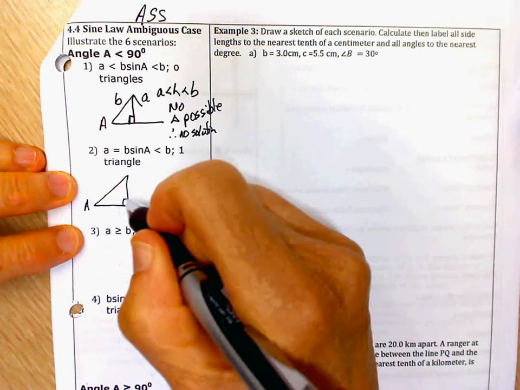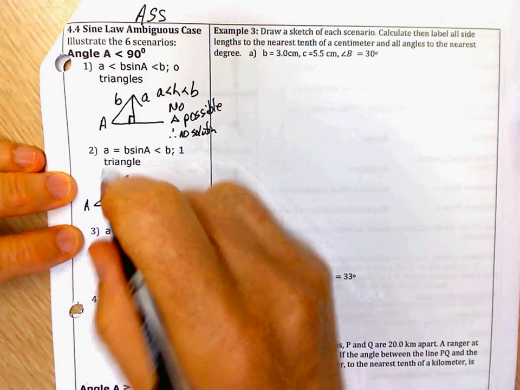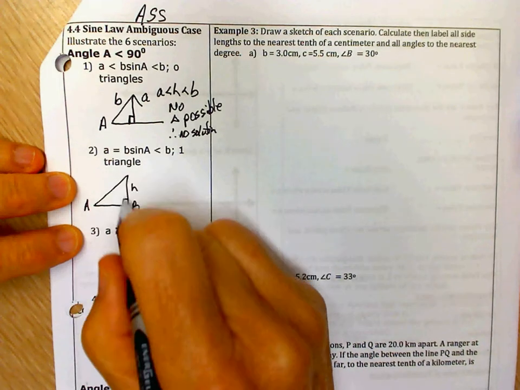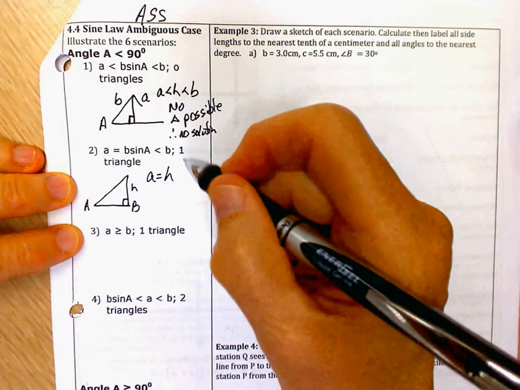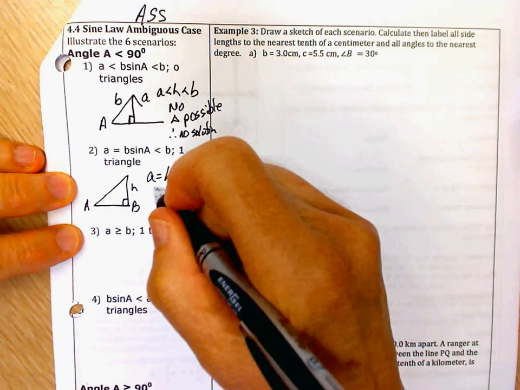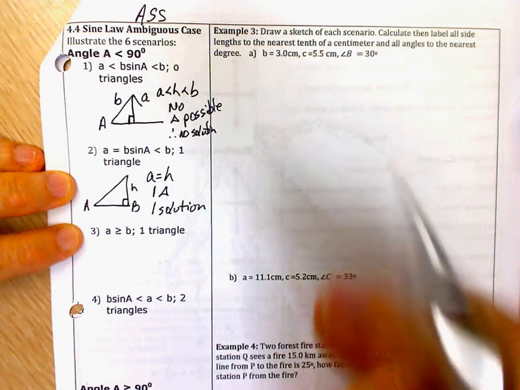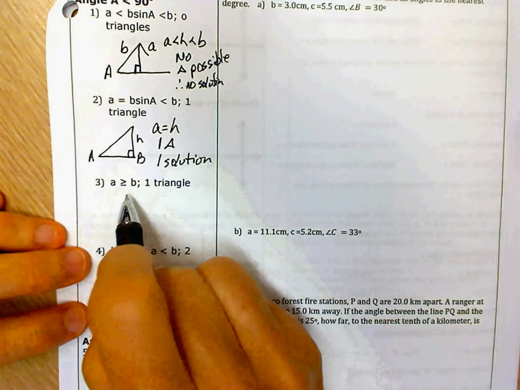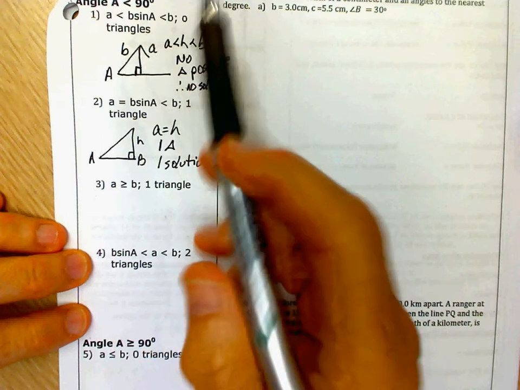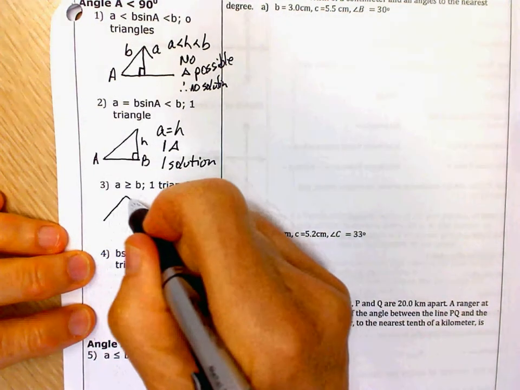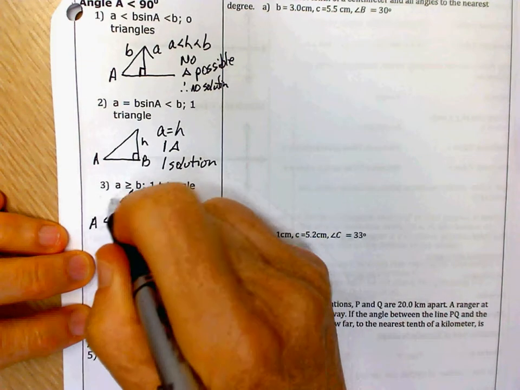If the given side opposite the given angle equals the height, then this is the only possible scenario. In that case, we have a right angle triangle. We have one triangle, one solution. Now this is probably the easiest case. If you know that A is larger than B, then there's only one scenario possible. If you know A is larger than B, you only have one triangle.